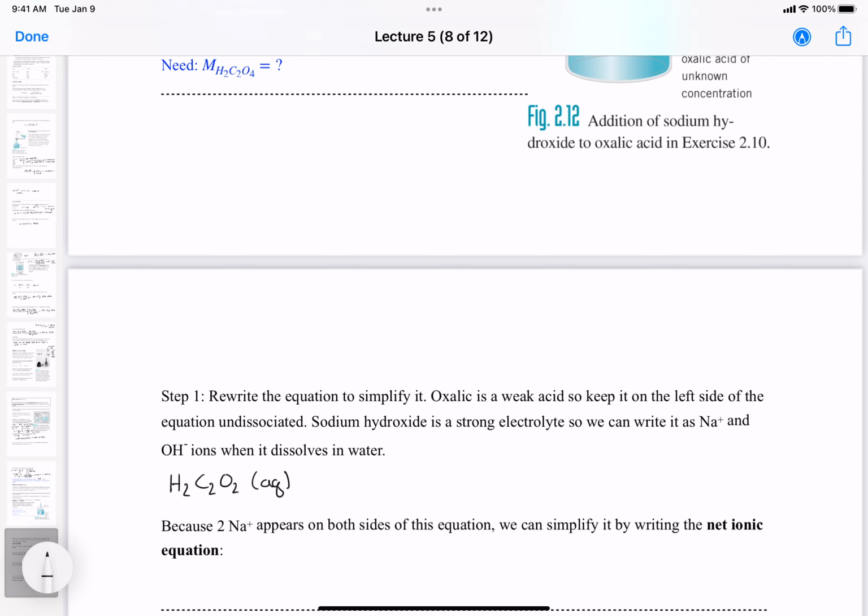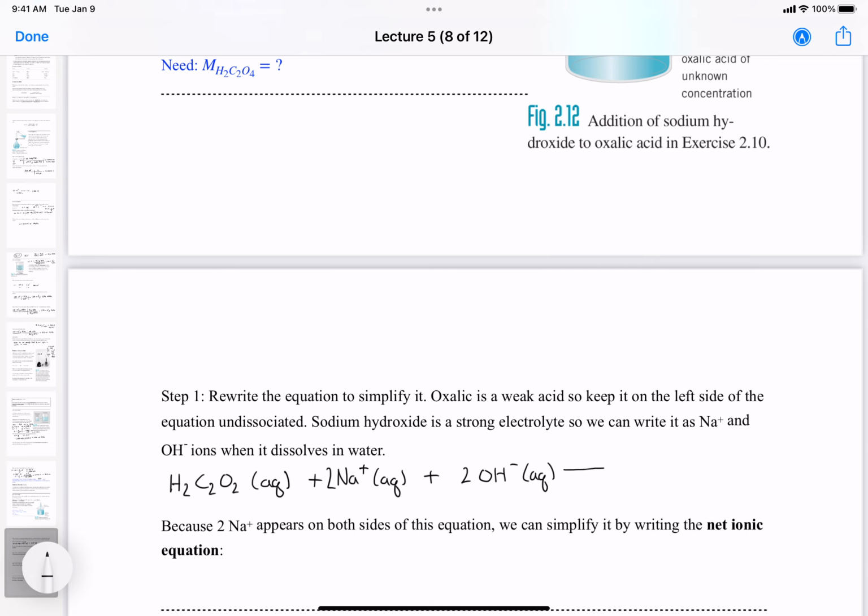So we write plus sodium ion plus OH ion. We had to put 2 in front of the sodium and the hydroxide because there's a coefficient 2 in the original chemical equation.